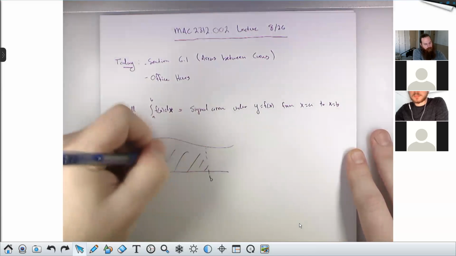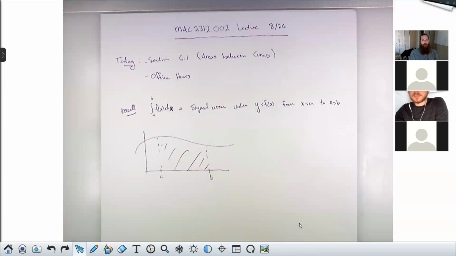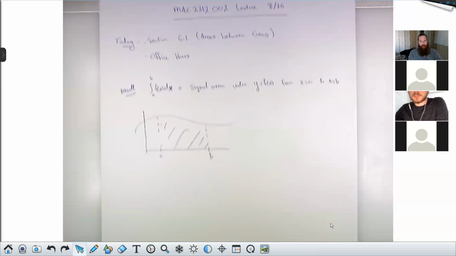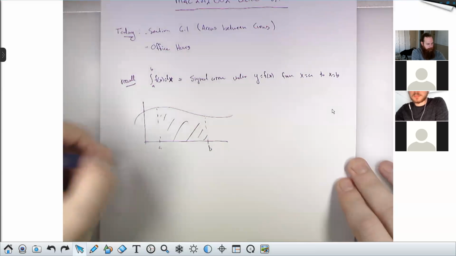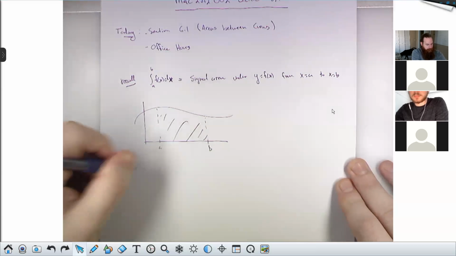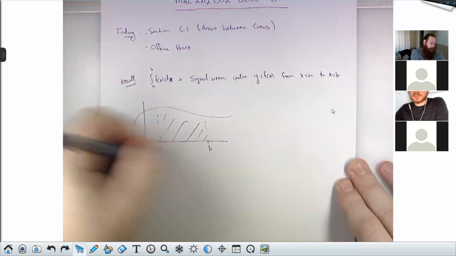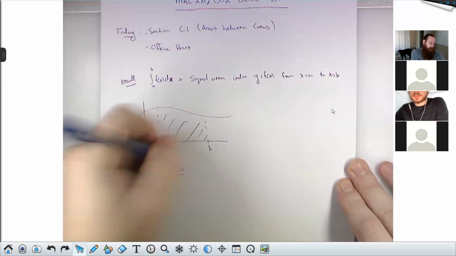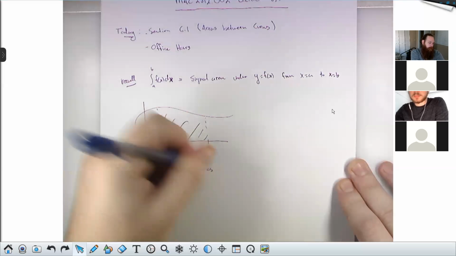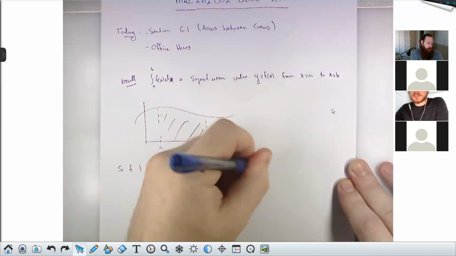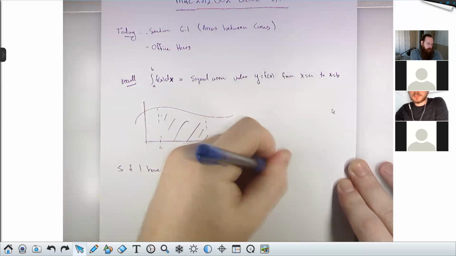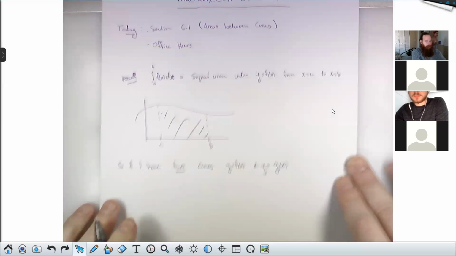So the question we ask in section 6.1 is, what if I have two curves? How do I find the area between them? Say y equals f of x is one of them, and y equals g of x is the other.